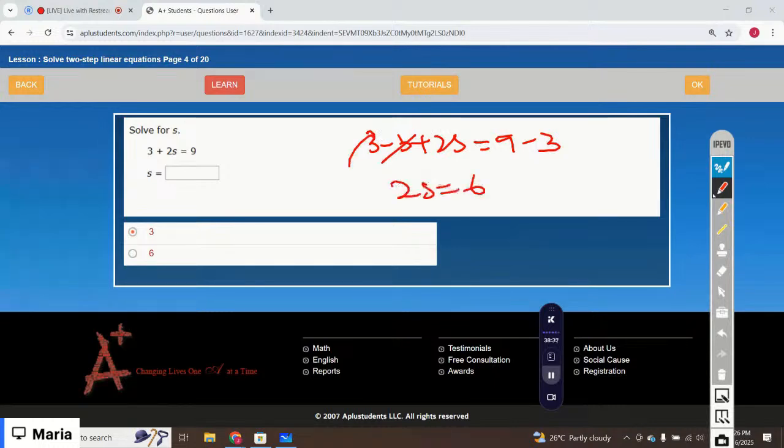Now you have to divide both sides by 2. So S equals 3. Option number 1 is the correct option, that is 3.